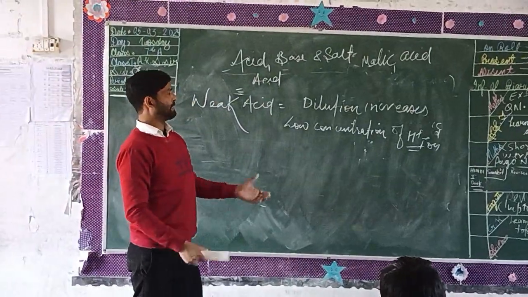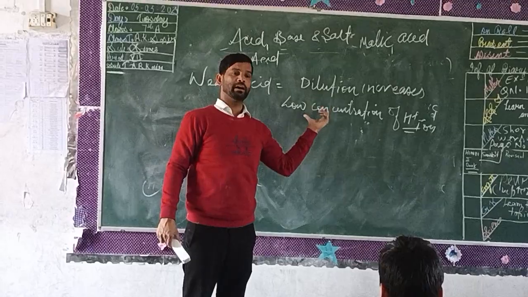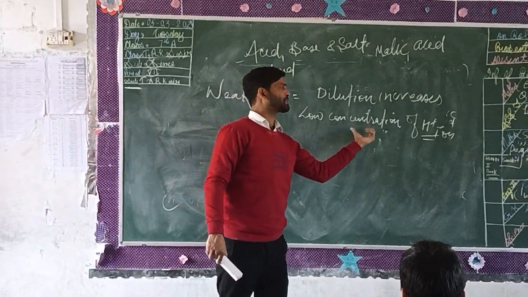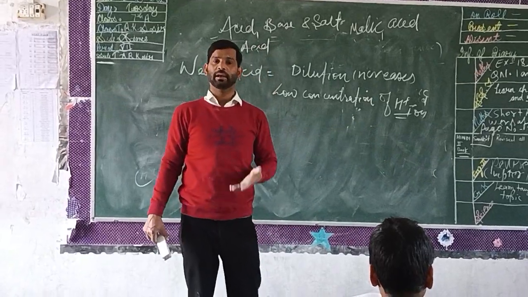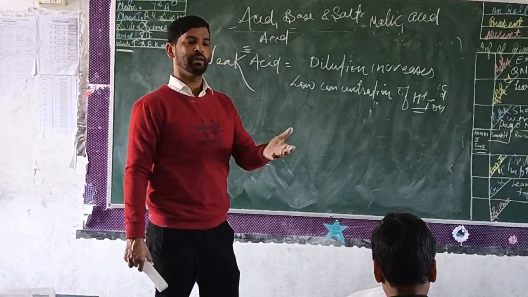Clear? If a greater amount of water is added, it will be weaker, or we can say the concentration of H+ ions is lower. So it is a type of weak acid.